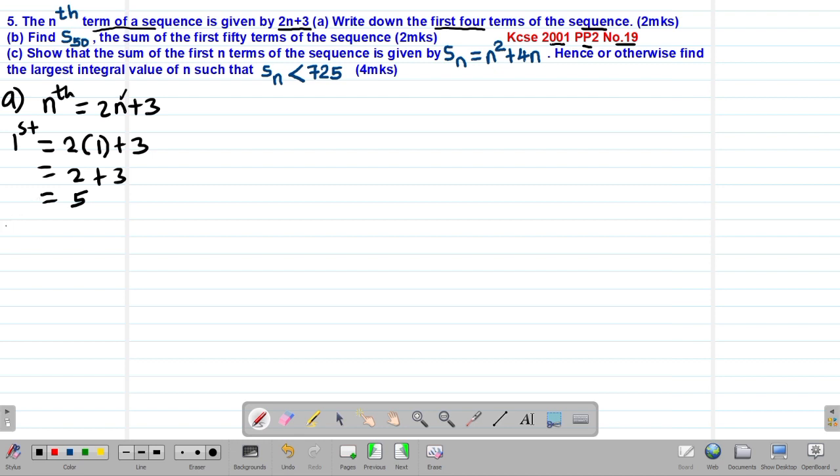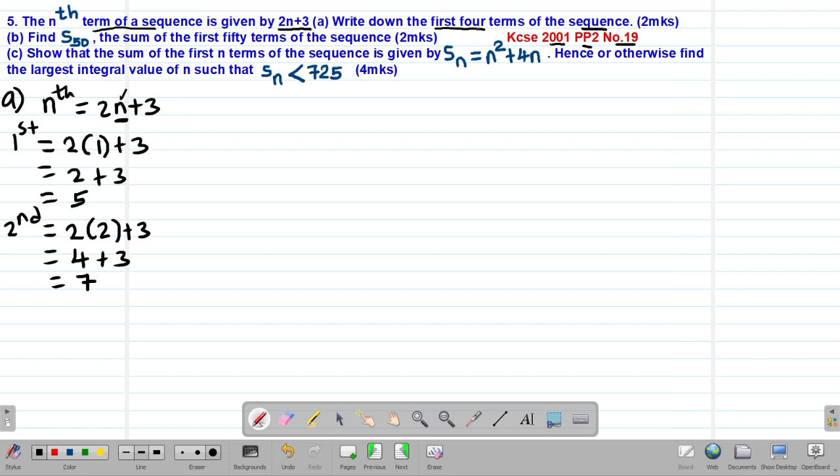Then the second term will be given by 2 into n, and n will be 2, then of course plus 3. 2 by 2, I'm going to get 4, then plus 3, which is going to give me 7. Therefore, the second term is 7.